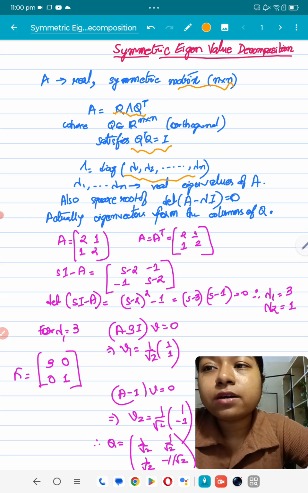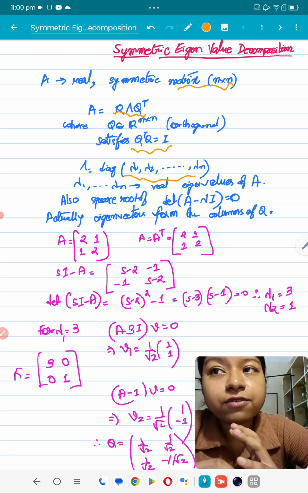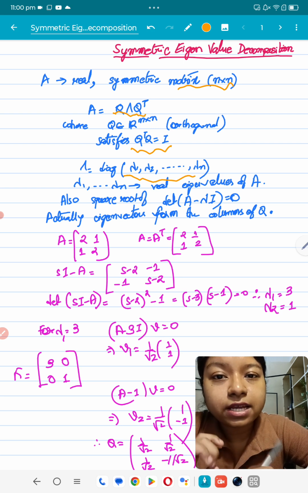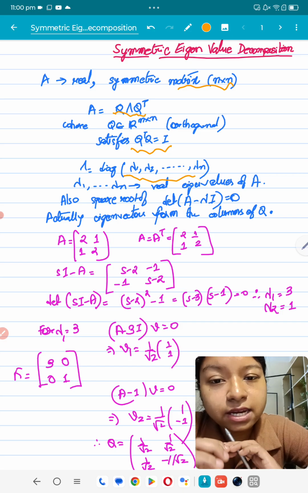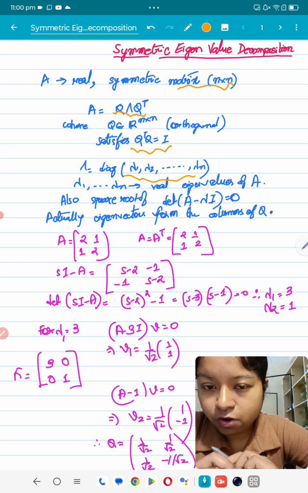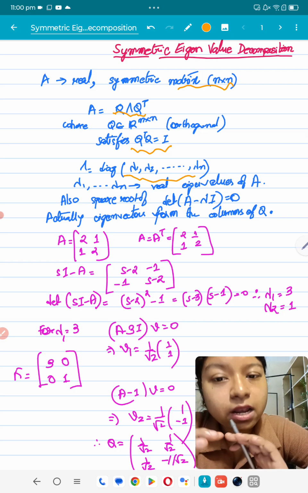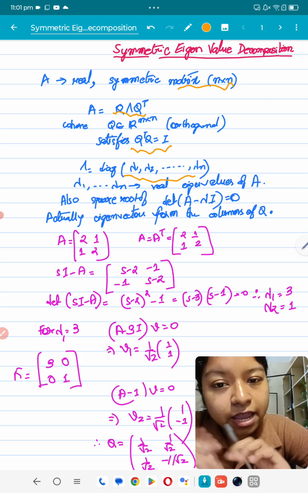Now the question is, how do we decompose that matrix? We have to prove that whenever A is a real symmetric matrix, A can be broken down into Q lambda Q transpose, where Q is the orthogonal matrix and lambda is the diagonal matrix consisting of all the real eigenvalues in its diagonal elements.